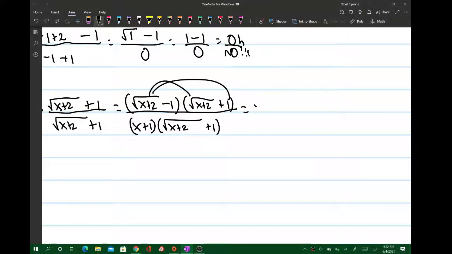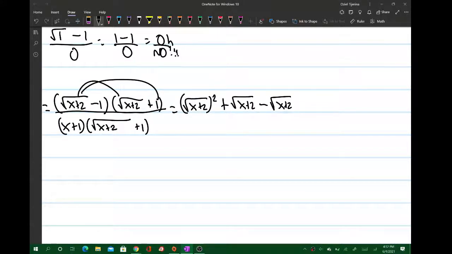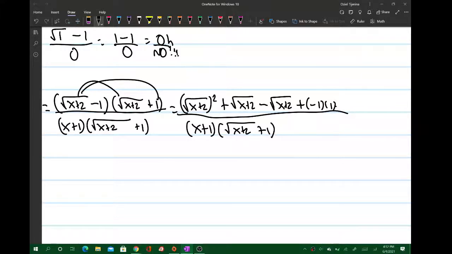So it's going to be the square root of x plus 2 quantity squared plus the square root of x plus 2 minus the square root of x plus 2, and then plus the -1 times 1 over, and you're going to keep the bottom unfactored, x plus 1 times the square root of x plus 2 plus 1, okay?